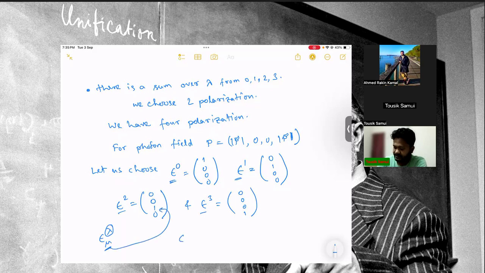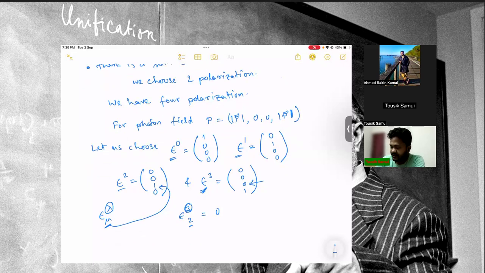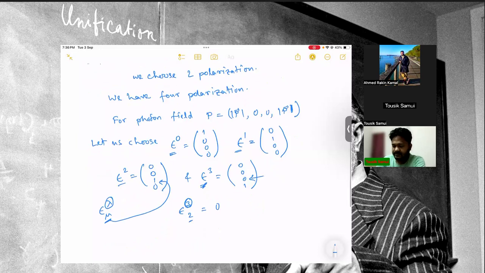For example, epsilon 3 2 would be: 3 is our third basis vector, and 2 is the second component here. So this would be basically 0. So when we read epsilon lambda mu, lambda represents which basis vector we're choosing, and mu represents which component we're choosing. So that's the convention.